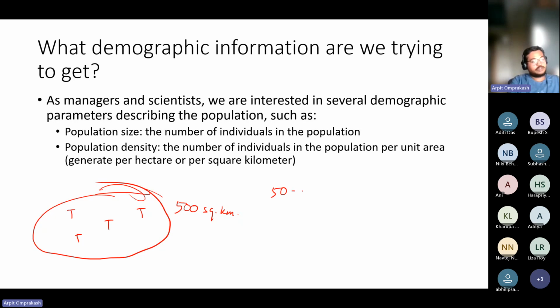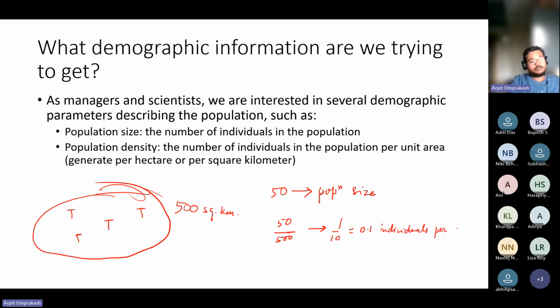So 50 is the absolute population size, right? And to get at the population density, what we do is 50 divided by 500, so number of individuals per unit area. This will give us 1 by 10, which is equal to 0.1.